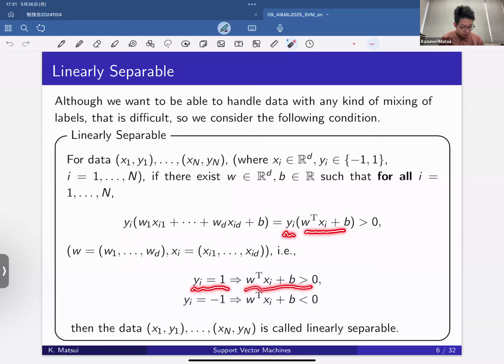On the other hand, when yi is -1, it says that W transpose xi plus b is less than 0. So this is writing the case division in one equation. Here, W and xi are d-dimensional vectors, and this is their inner product.